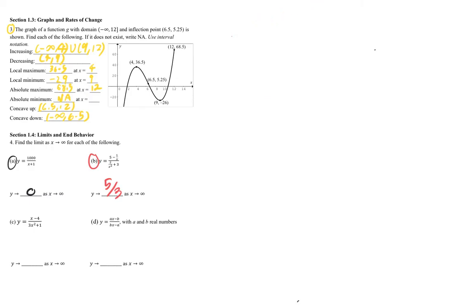we're going to have part C here. Part C is y is equal to x minus 4 over 3x squared plus 1. What we're going to do is notice that our greatest power is x squared. So we're going to divide both our numerator and our denominator by x squared.